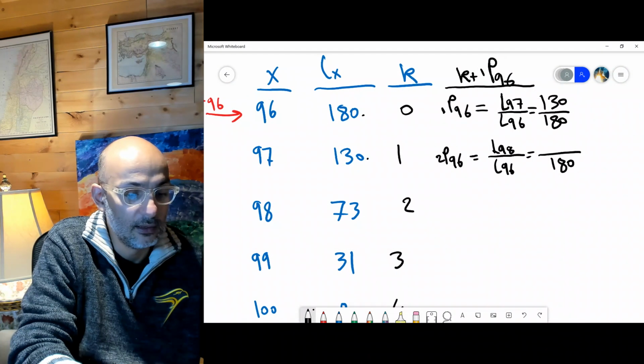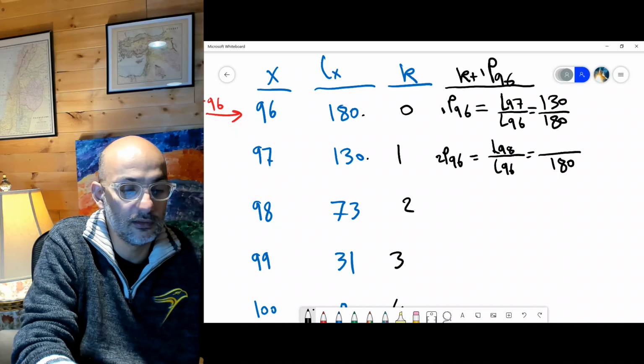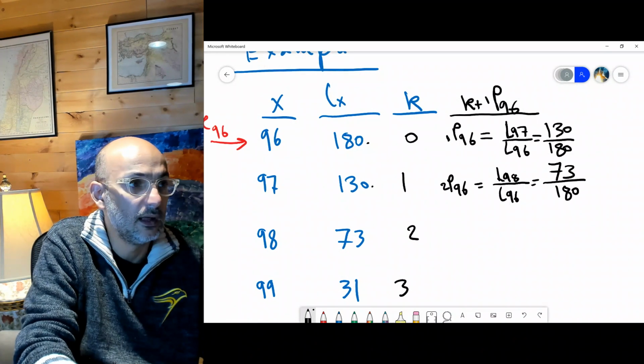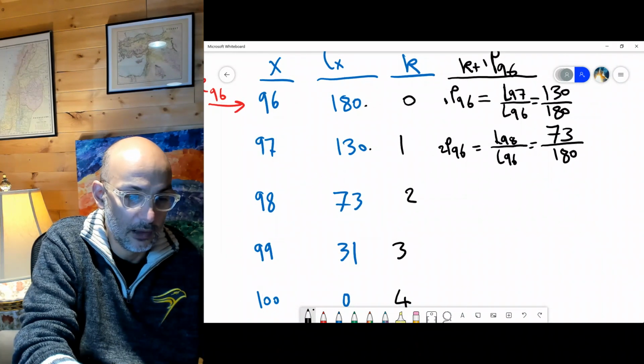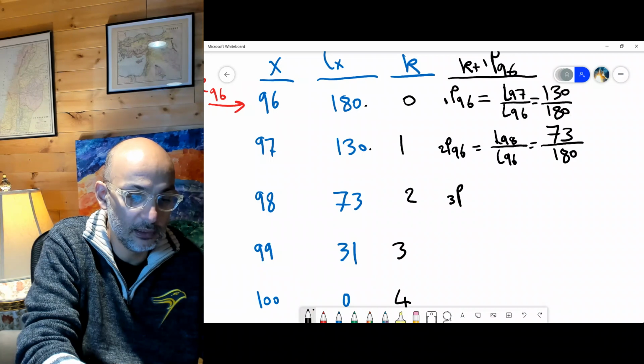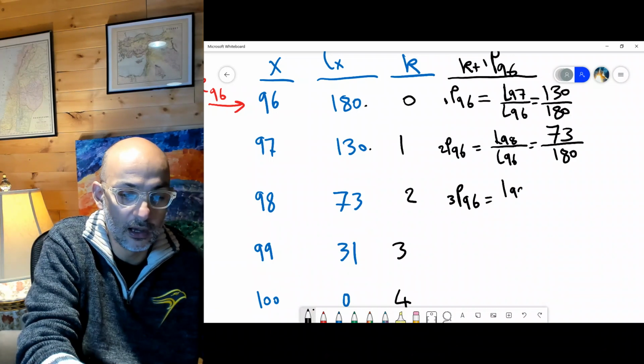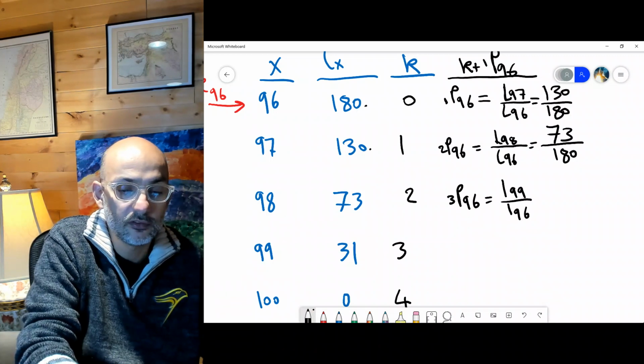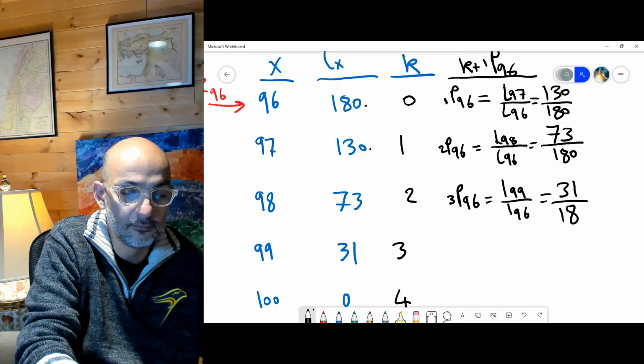L98 is 73, right? It's so easy. Now what is the next one? K plus 1 will be 2 plus 1 is 3, P96 equals L99 divided by L96, correct? So this one will be L91 is 31 divided by 180.